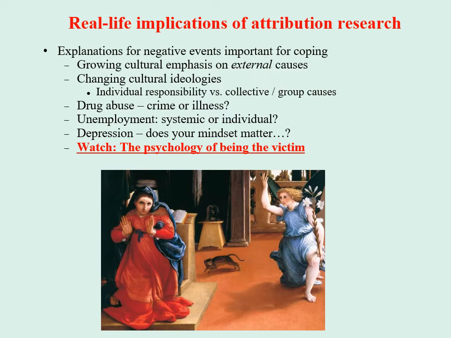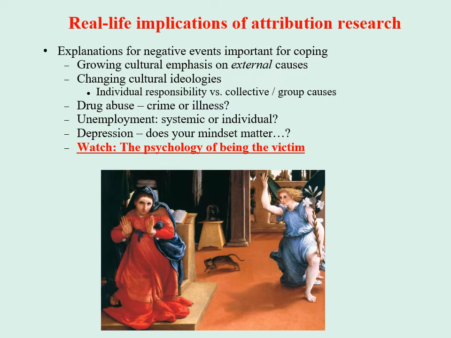Now, culturally, we have moved in recent decades towards providing external explanations rather than internal explanations for many adversarial negative social events. Whereas traditionally in liberal society, emphasis on individual responsibility was dominant, we increasingly tend to seek collective or group explanations, external explanations for various social problems.